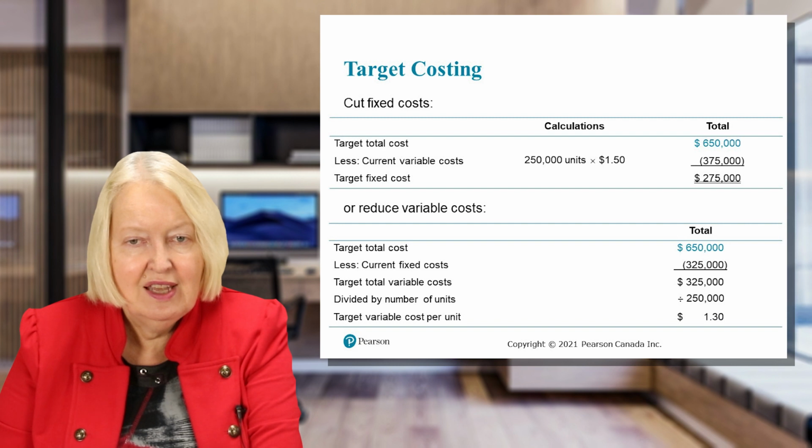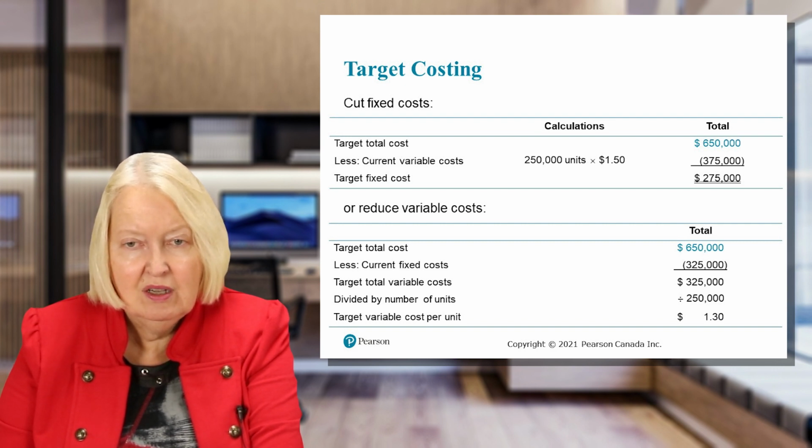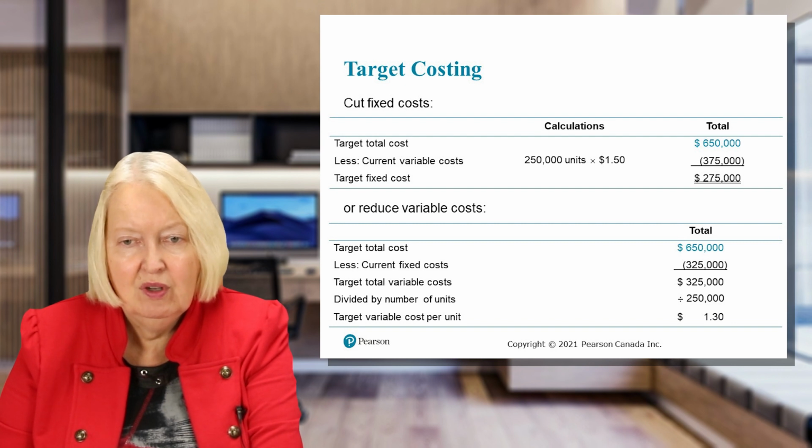So in the first example, you start with your $650,000 total, that's the maximum your cost can be. Then your variable cost, if you don't change those, it's $375,000. So it means your fixed cost can only be $275,000. Or you can do it the other way and reduce your variable costs.